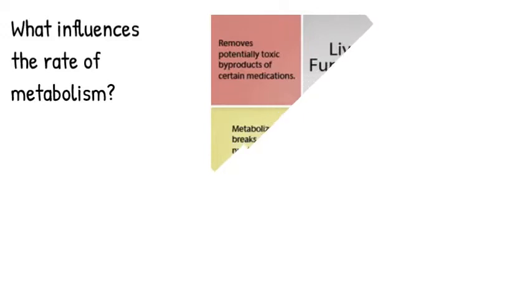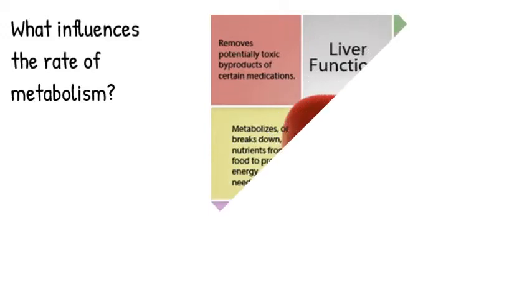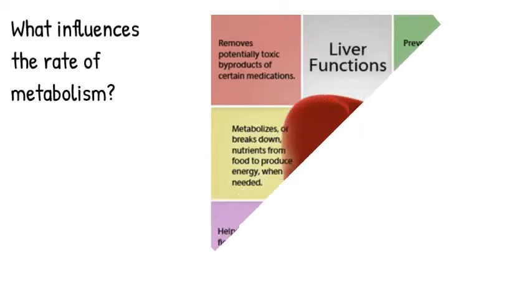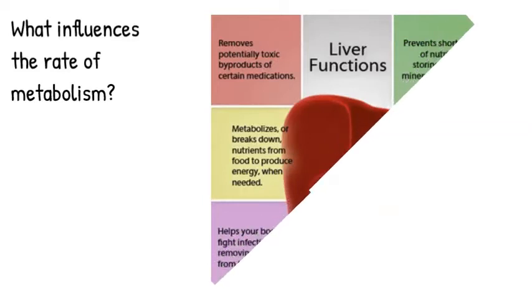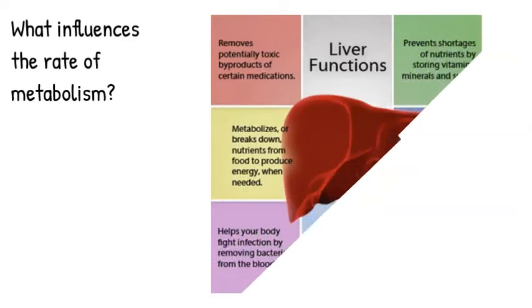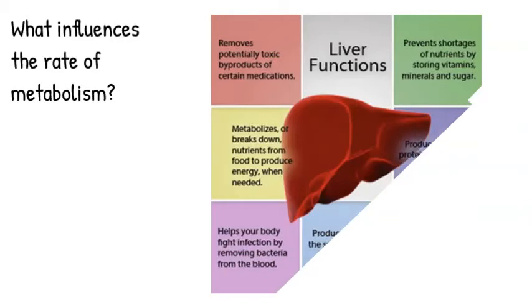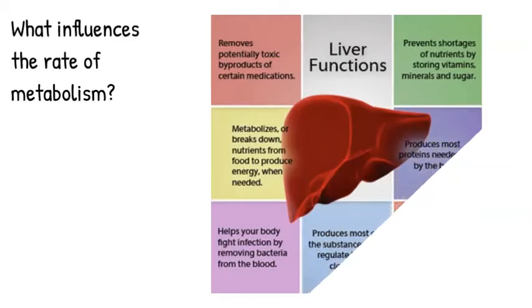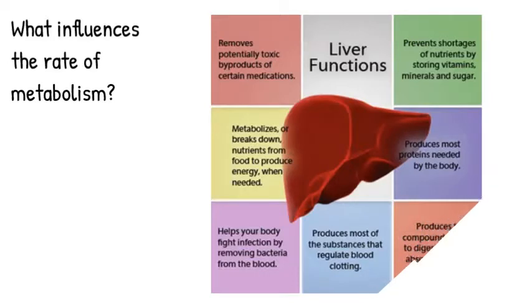So you have to know if a medication is metabolized in the liver. So take, for instance, your patient has cirrhosis of the liver. They would not be able to process certain medications effectively. And because of that, the medication would build up and the patient would become toxic. So it's very important that you know the condition of your patient and whether or not the organ that metabolizes the medication is functioning fully and properly.